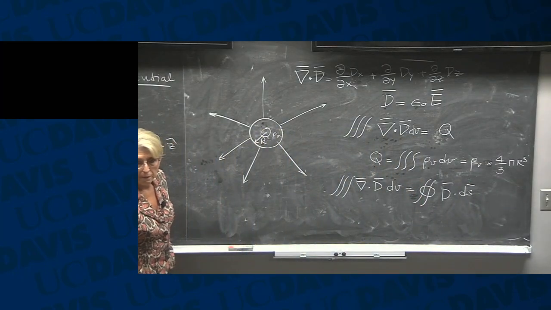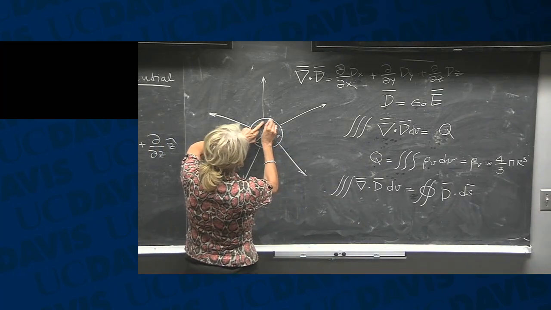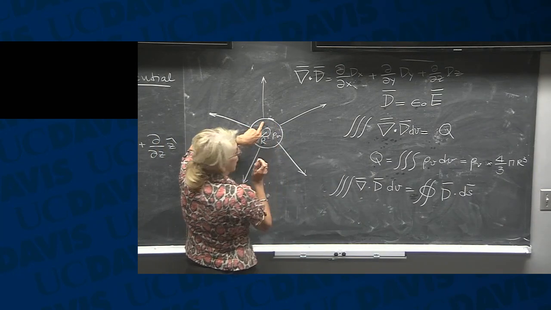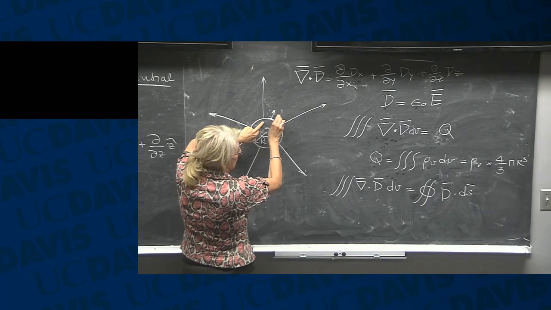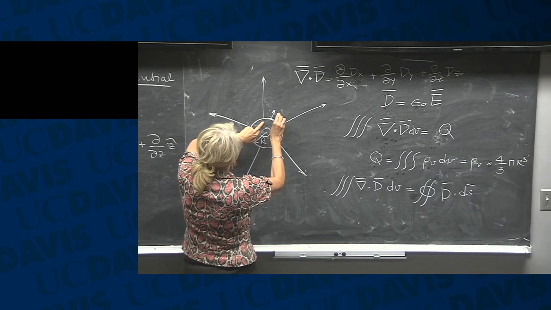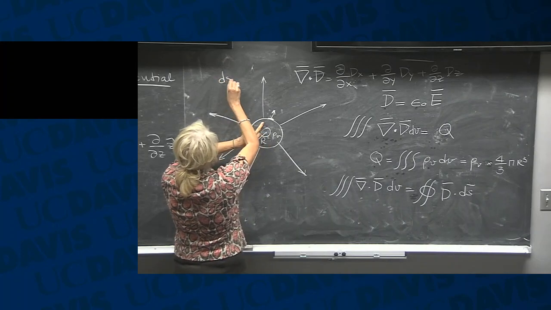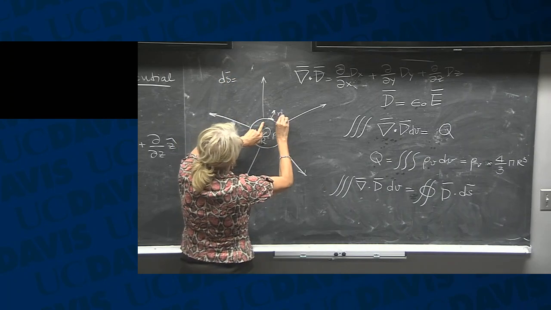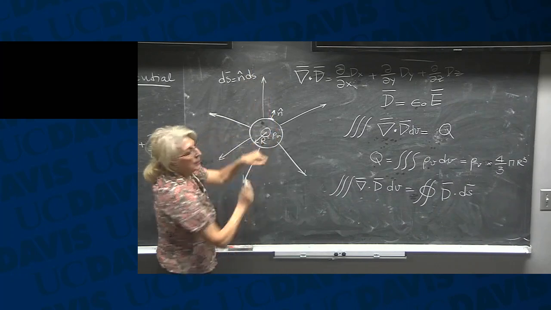So if this is dS, it is nothing else but an infinitesimal area, and the vector of this surface is this one. Okay, so this is dS, and this is its vector. So dS vector is this one.